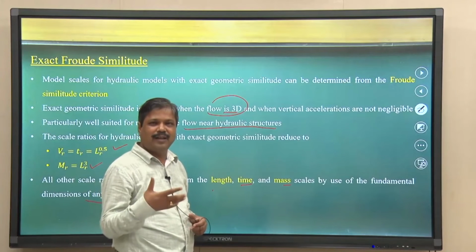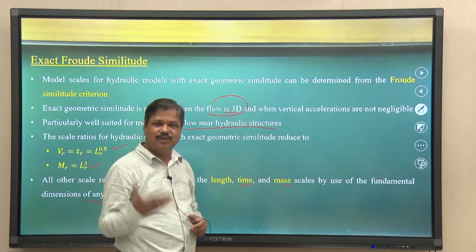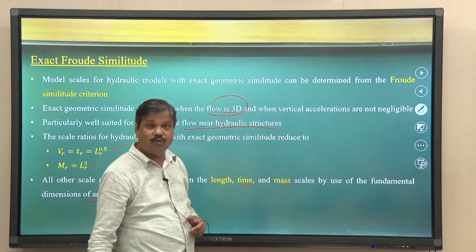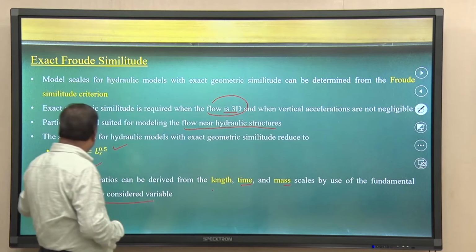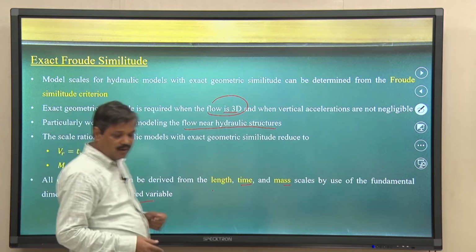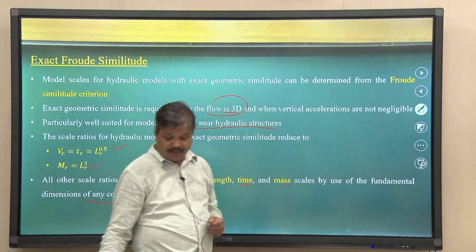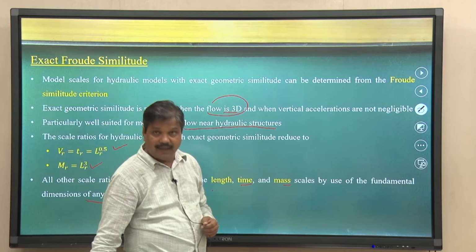I encourage you to follow dimensional analysis and similitudes in fluid mechanics courses to know how to get it. The mass ratio is a function of the length ratio, which you get by considering the dimensions of the variables.